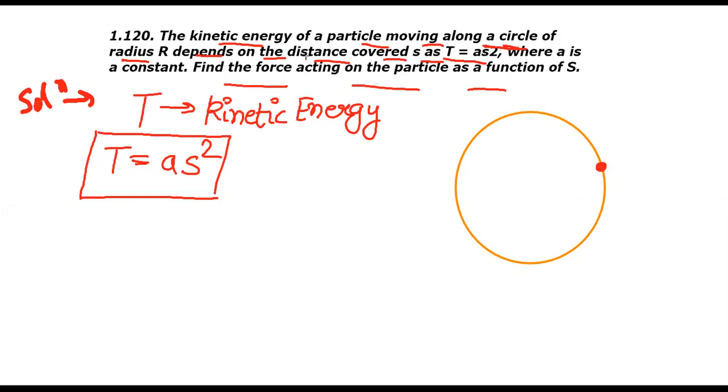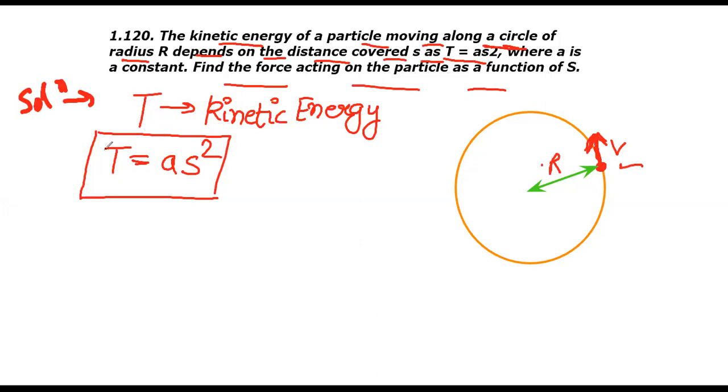This is the center, and this is the radius of the circle, given as capital R. If the particle is moving with some speed, or tangential velocity v, that will be due to some tangential force.